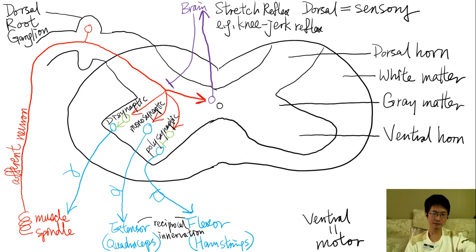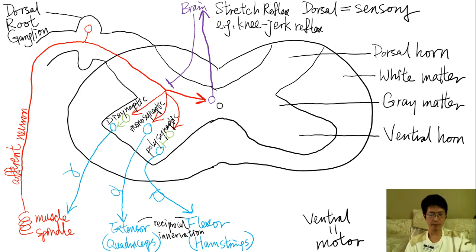In other words, the stretch reflex, the knee-jerk reflex, is the fastest reflex among the three. Because in the stretch reflex or knee-jerk reflex, we have monosynaptic circuitry there. That makes it the fastest reflex among the three that we learn here.